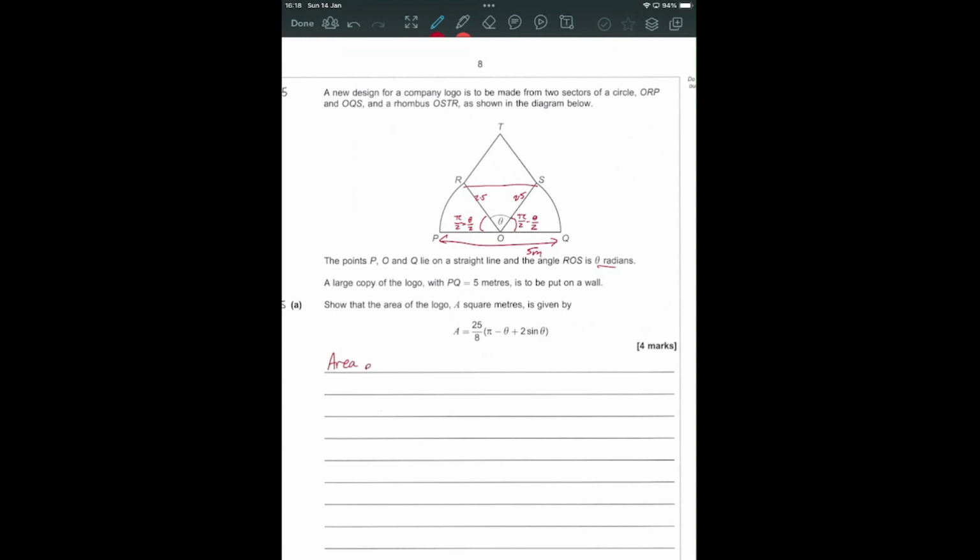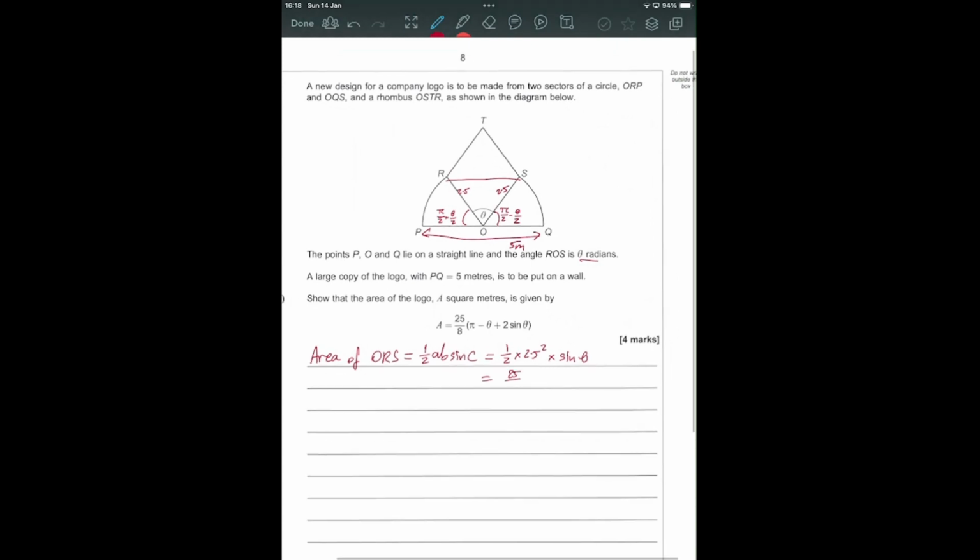So the area of, let's go with ORS, is half AB sine C, which is a half of 2.5 times 2.5, half of 2.5 squared times sine theta. So that's going to be 2.5 squared is 5 over 2 squared is 25 over 4, is 25 over 8 with the half sine theta.